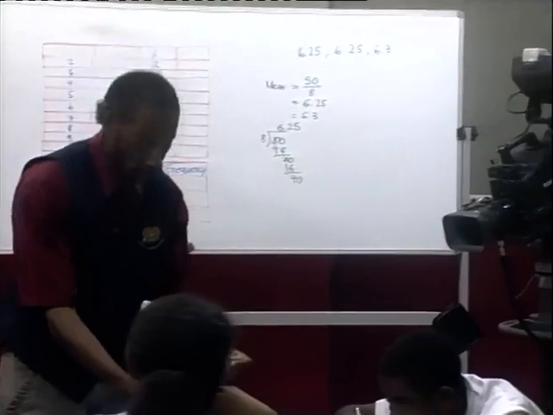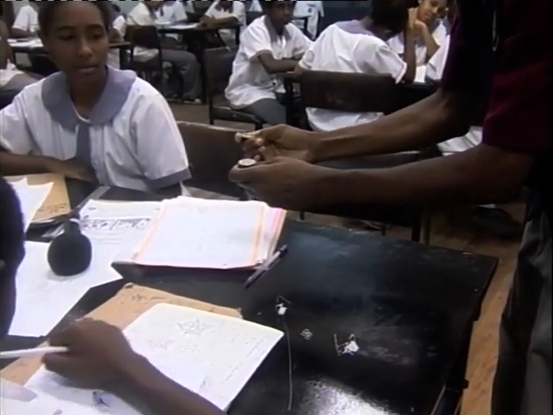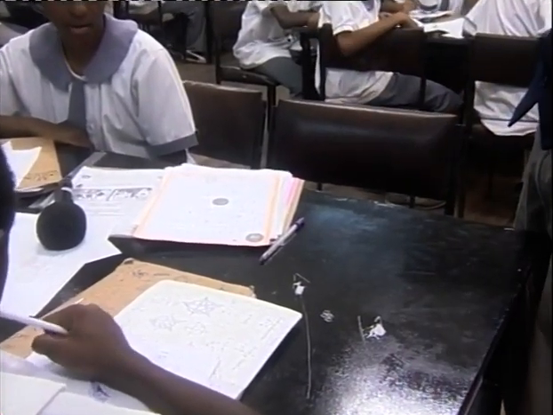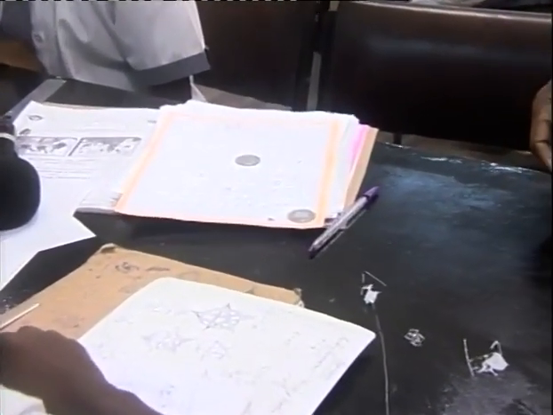Okay, first toss. What is the result? 2 heads. So you write head, head. H, H, here.